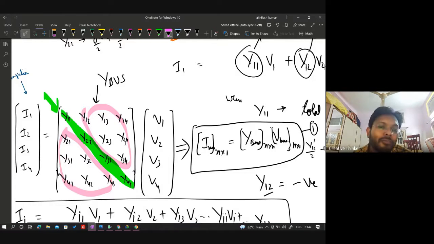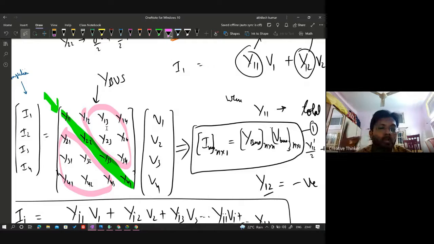The off diagonal elements will be mirror images of each other, so Y12 will be equal to Y21. Why? Because it is the negative of the series admittance.